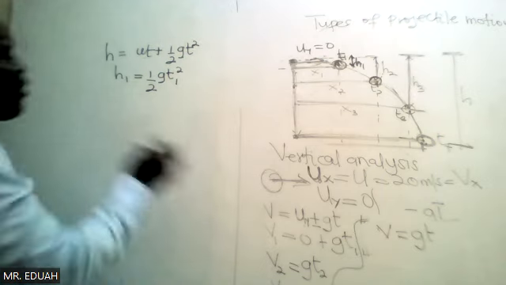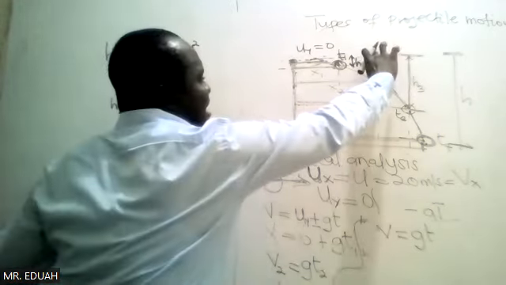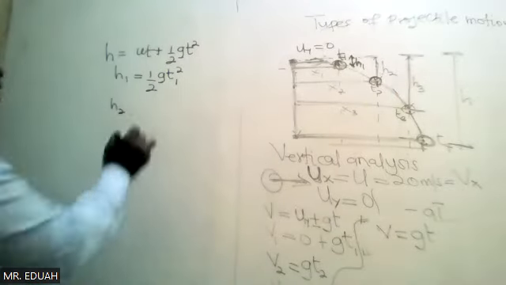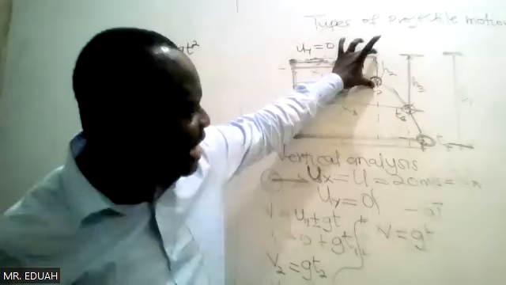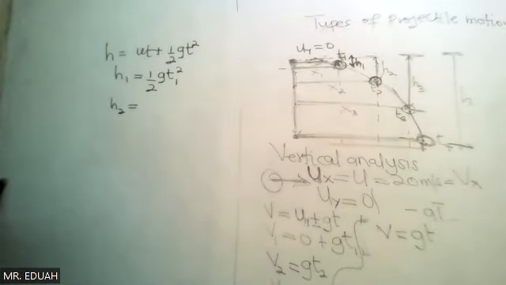Now, I want H2. I want the vertical height at this point. How do I calculate for it? I want this vertical height H2 covered. How do I calculate for it? Bushra, try.